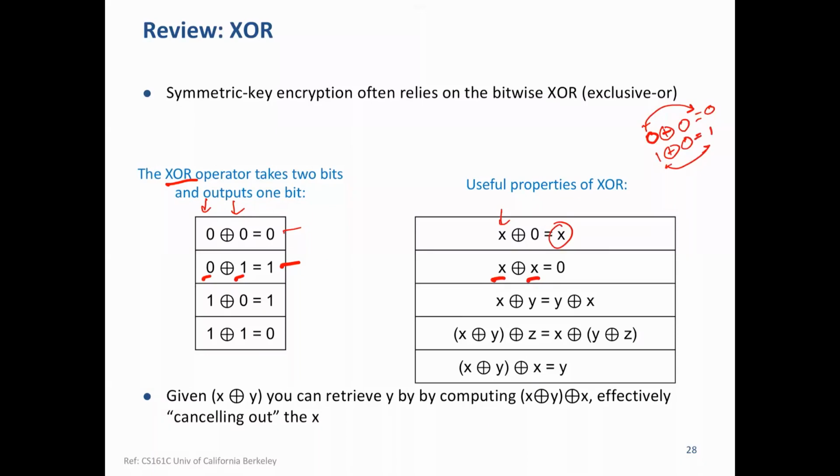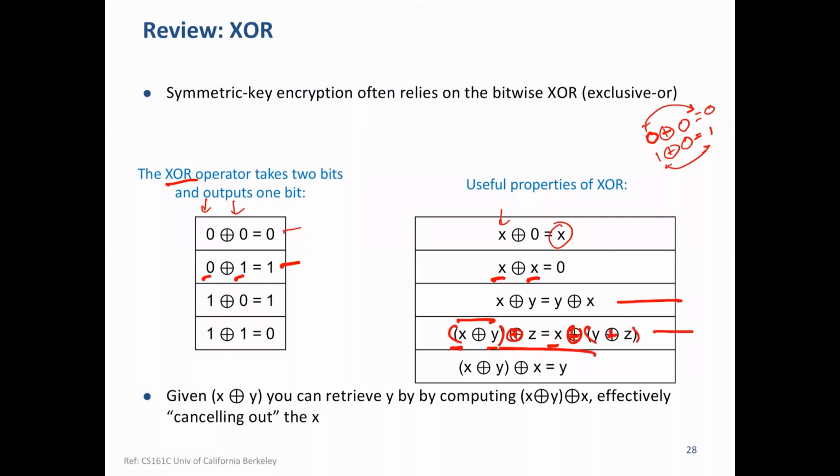Also, x XOR y is equal to y XOR x. And x XOR y, once computed, XOR z, is the same as x XOR (y XOR z). These properties we all know.